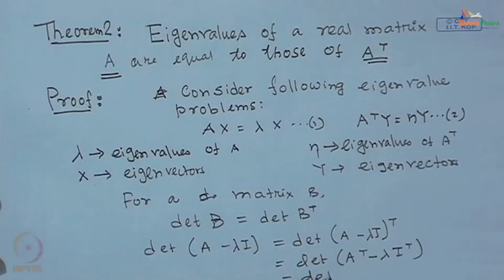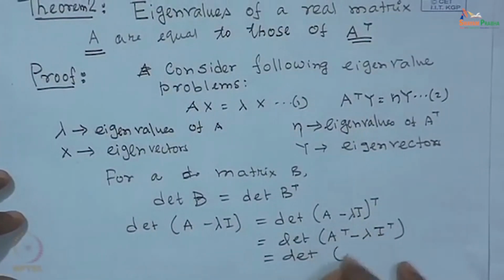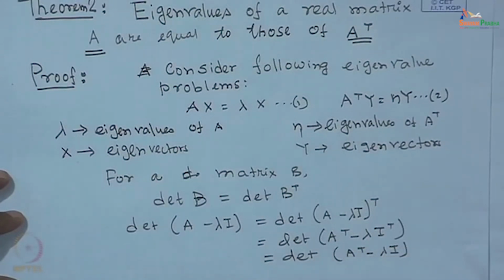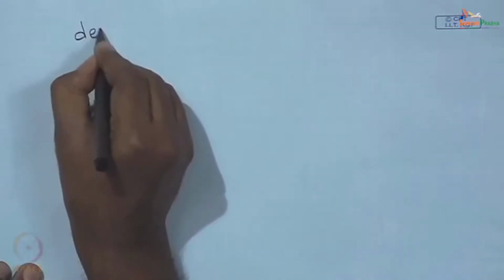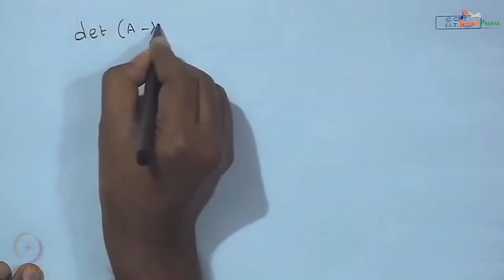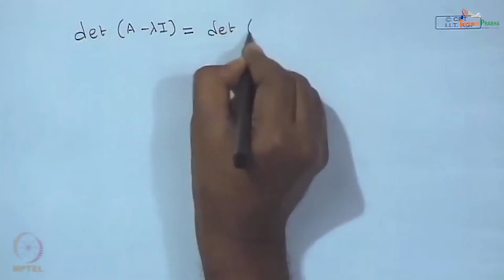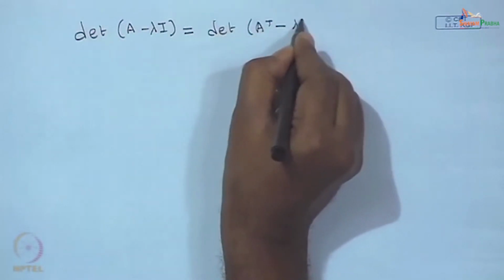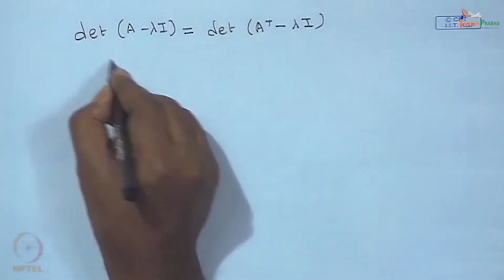So, determinant of A transpose minus lambda I. So, therefore, from this equation we can write down that determinant of A minus lambda I is equal to determinant of A transpose minus lambda I.